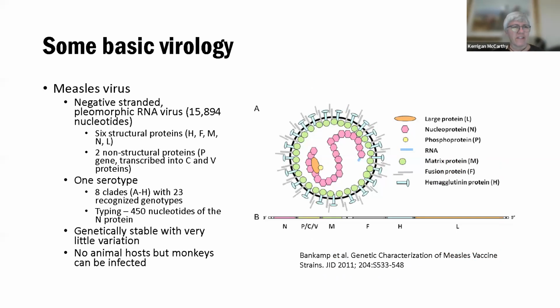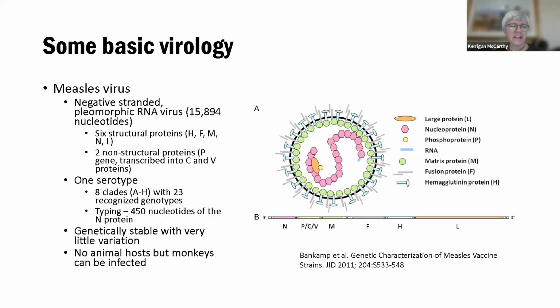So measles virus is a negative stranded pleomorphic RNA virus. It's short, it's only 15,000 nucleotides, and it codes for 6 structural proteins and 2 non-structural proteins. And it has 8 clades, they're named A to H, and 23 recognized genotypes.